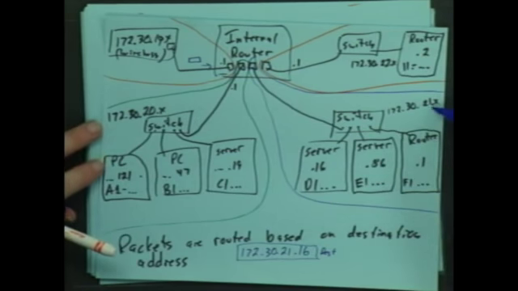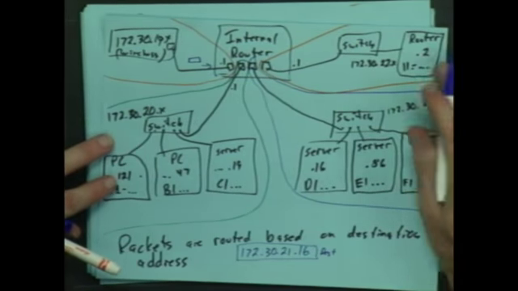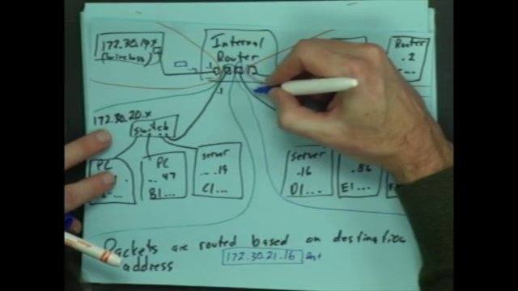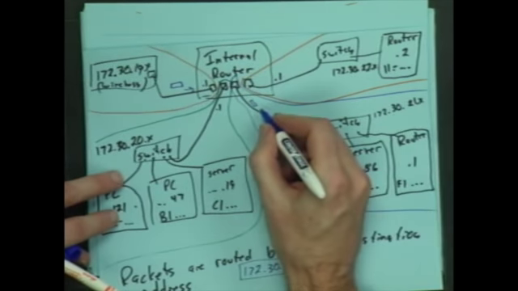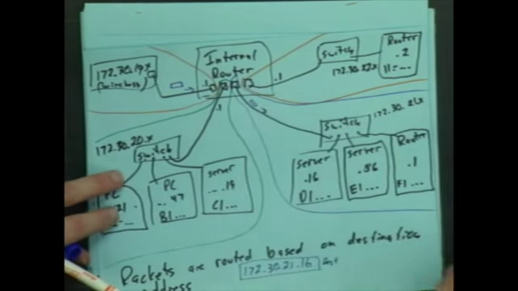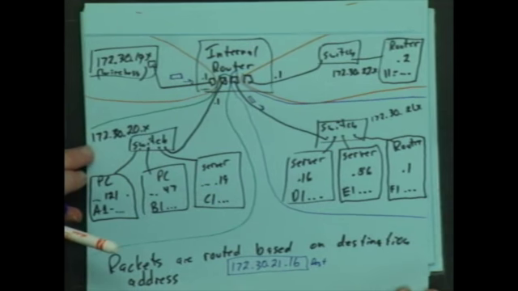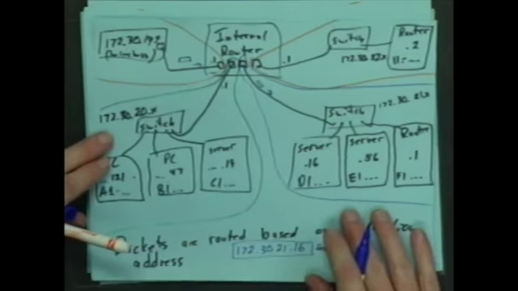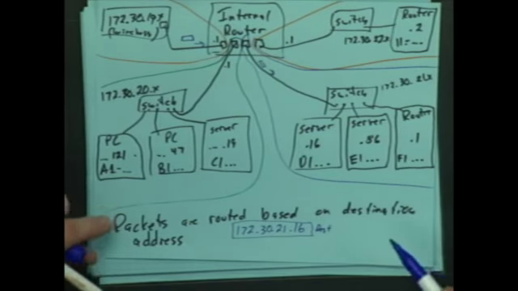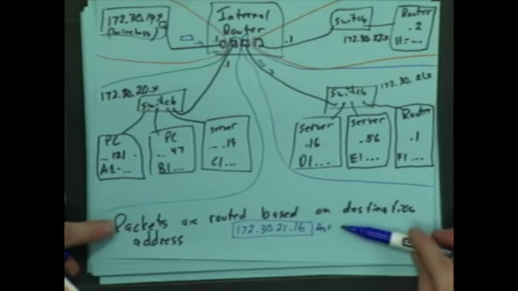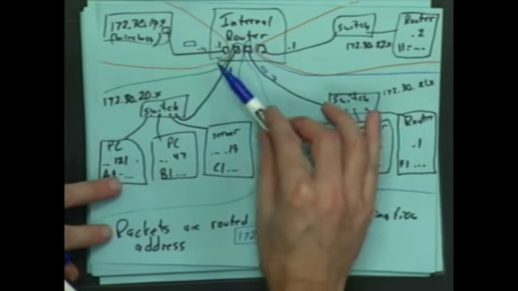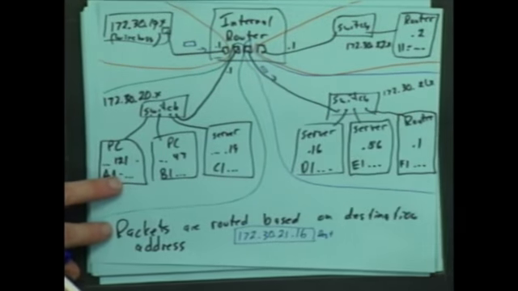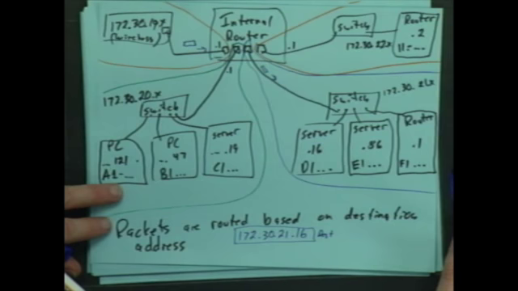And it recognizes that it's going to this subnet, and then it will send it out this port. Are we good here? So the router looks at the packet's destination address and sends it out the port that it needs to go down.